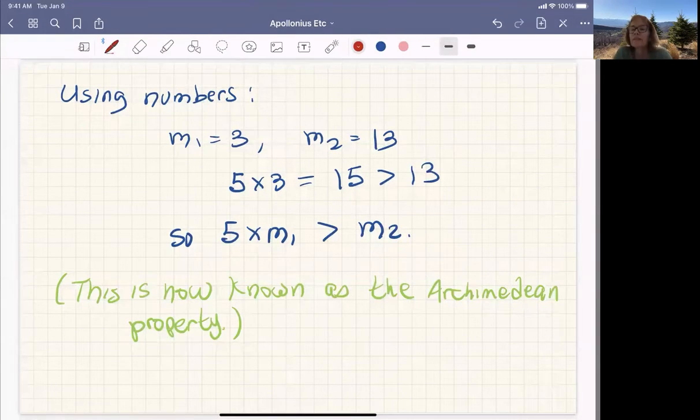So using numbers, let's say m1 is 3 and m2 is 13. Well, notice that 5 times 3 is 15, and 15 is greater than 13. So 5 m1 is greater than m2. Now, this is known today as the Archimedean property.